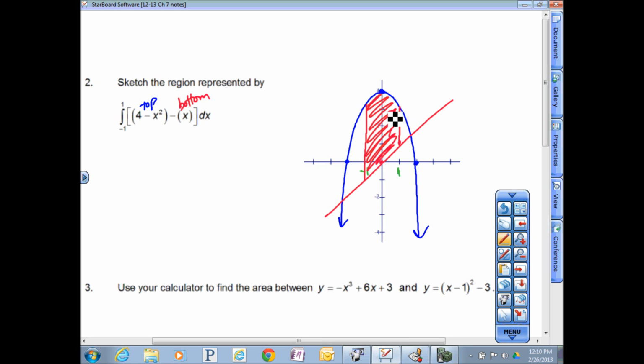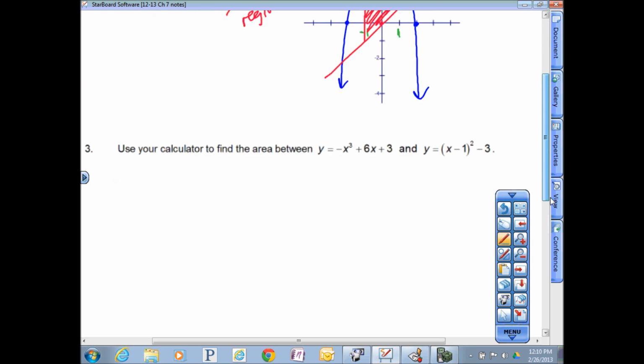That red part is ultimately what I'm looking for. I'm looking for the area between those two curves, isolated between x equals -1 and x equals 1. So the shaded area is what I'm ultimately looking for right here. So there we've reversed it.